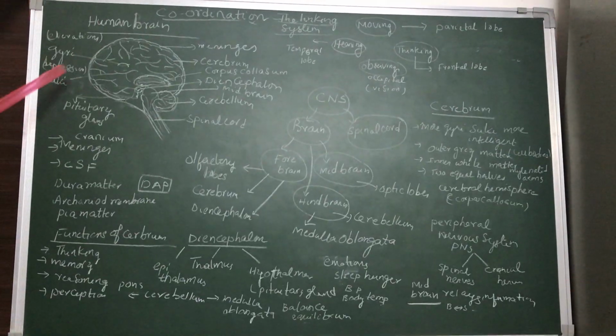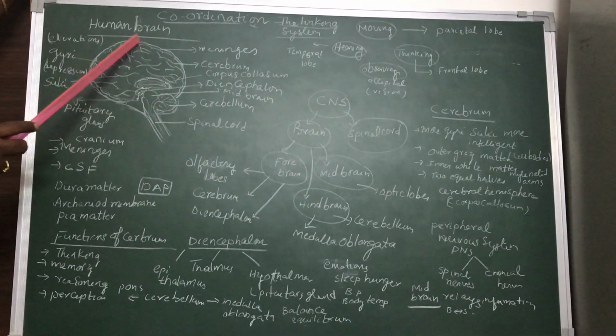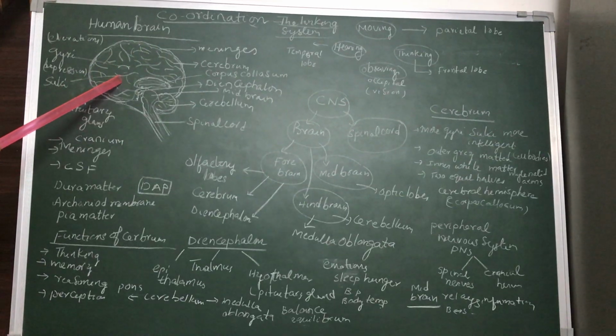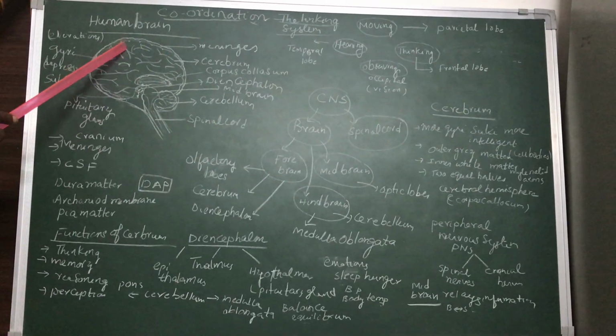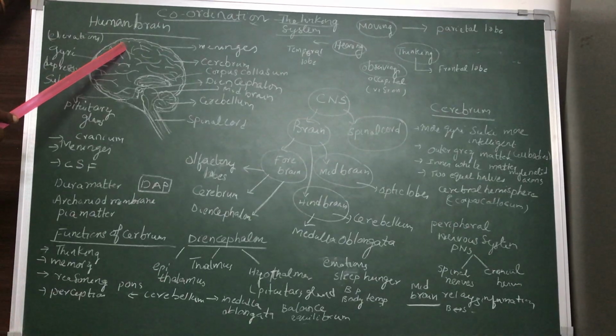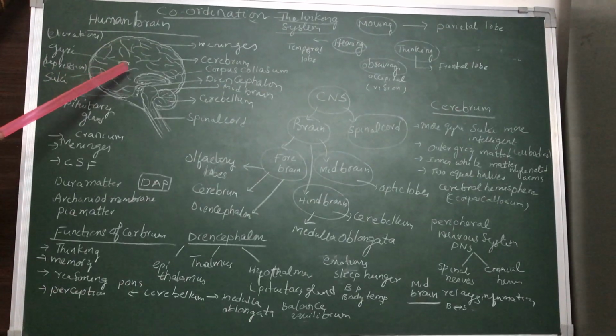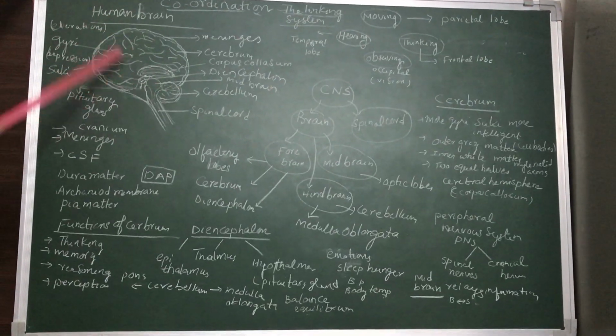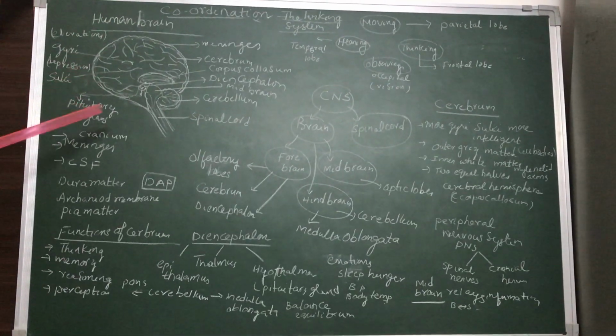The outer part of the cerebrum is grey in color and the inner part is white in color. The outer part, which is grey, is called grey matter. The inner part, which is white, is called white matter. Why is there a difference in colors?